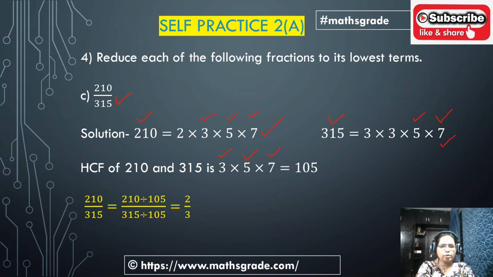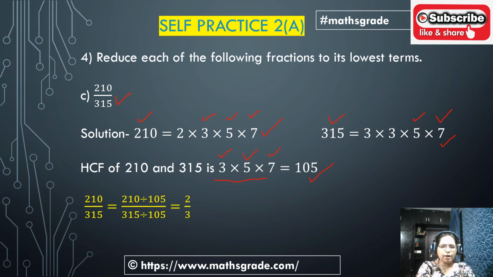Now the highest common factor of 210 and 315 is 3 multiplied by 5 multiplied by 7. 3 multiplied by 5 is 15, and 15 multiplied by 7 is 105. So the highest common factor of 210 and 315 is 105.